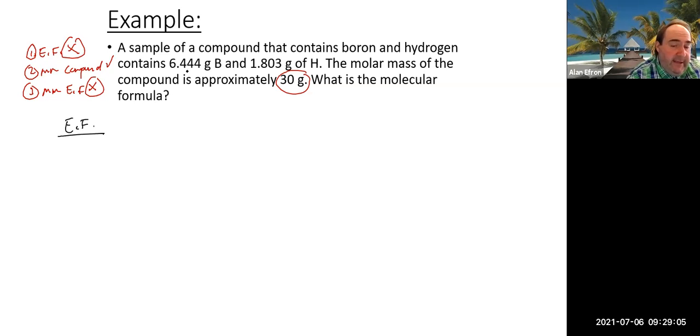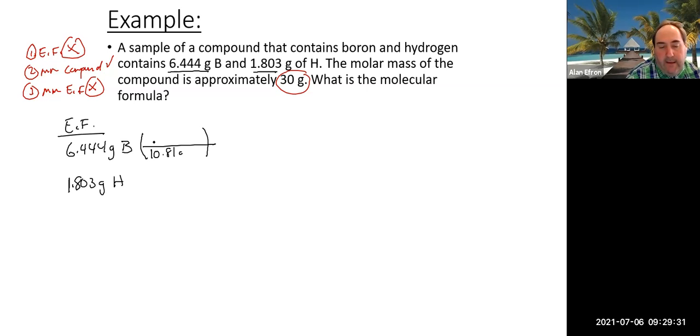We want to take whatever they give us and get them into grams. So they are already in grams. So that's good. So we have 6.444 grams of boron, and we have 1.803 grams of hydrogen. Again, to get each of these into their moles, we want to divide by the molar mass from the periodic table. So boron there is 10.81, and hydrogen is 1.008.